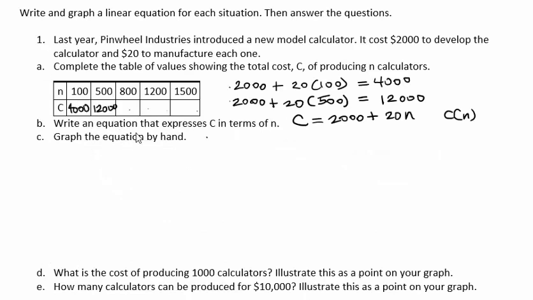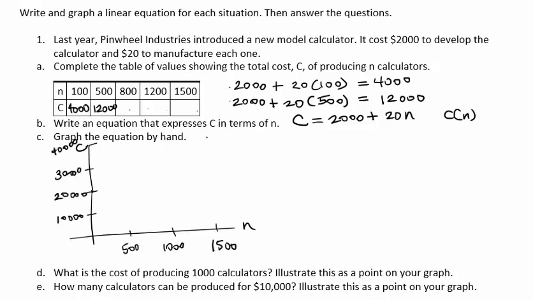So I'm going to just make a quick sketch, and I know which axis is which. The horizontal is the N and the vertical is C. Using a couple of points from our table, we can at least get the direction of how the line should be formed.